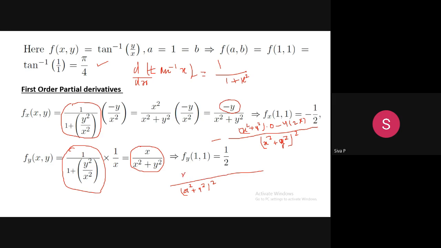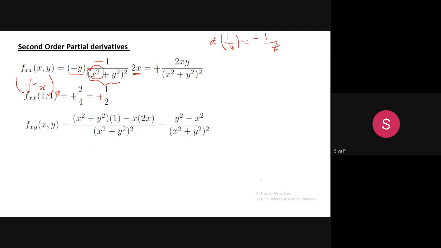So writing x square plus y square, differentiation of x is 1, minus, keep it x, then differentiation of x square plus y square with respect to x means 2x. Okay. So y square minus x square. Which one is correct? Y square minus x square by x square plus y square whole square.